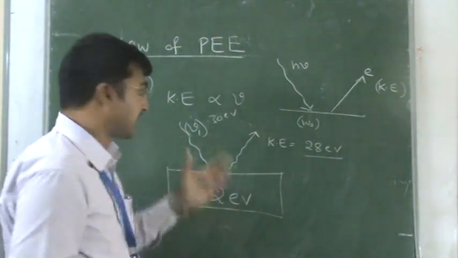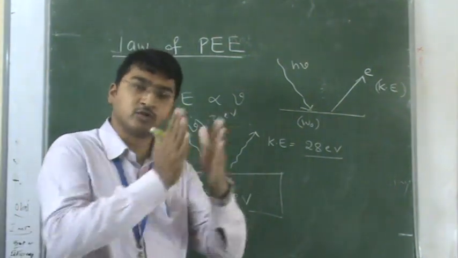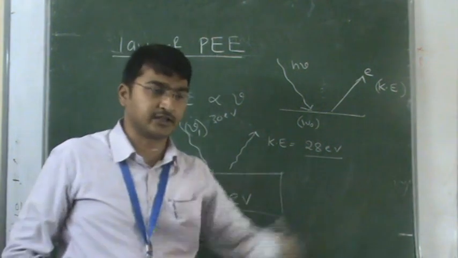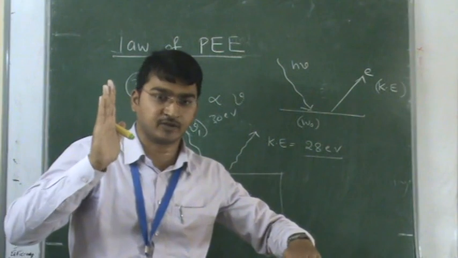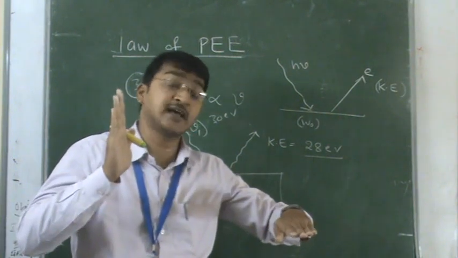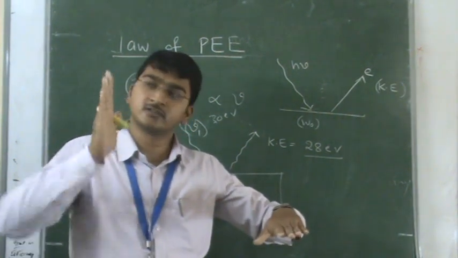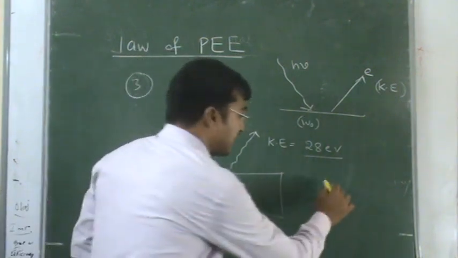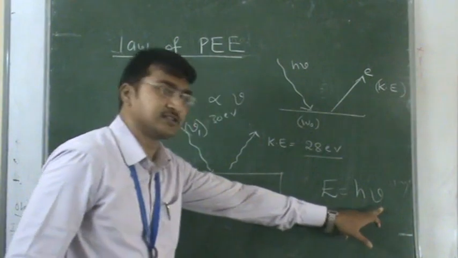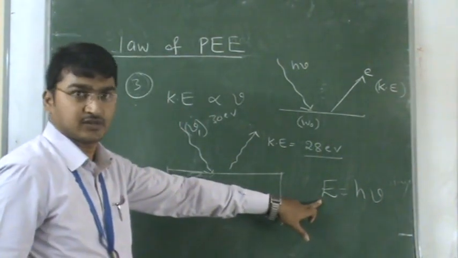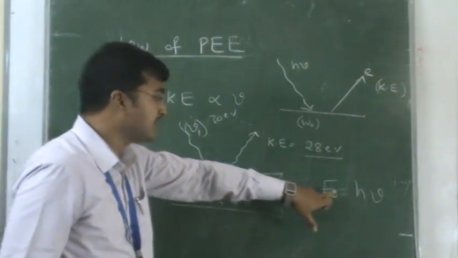Violet, indigo, blue, yellow, orange, red. In that, violet has high frequency, red has low frequency. Which color has more energy, violet or red? Violet. Why? Because E equals h nu; whichever has more frequency has more energy.